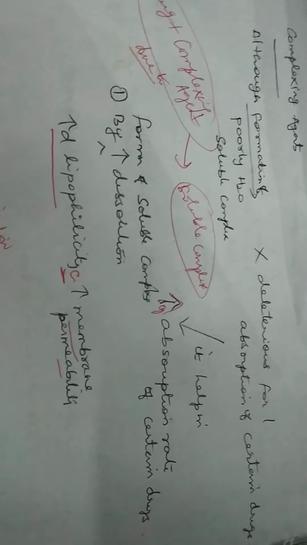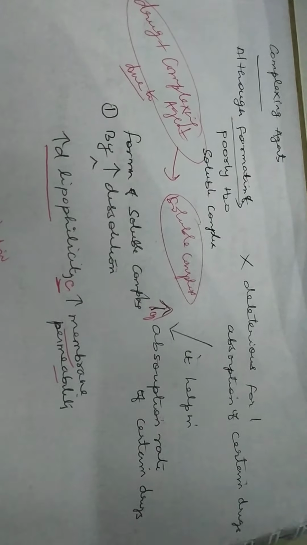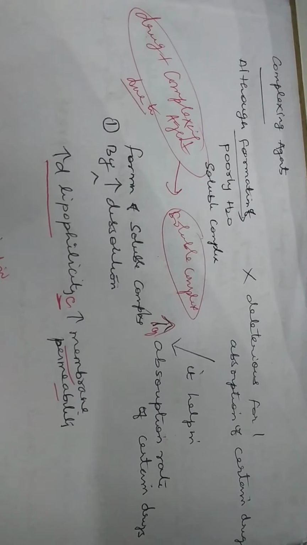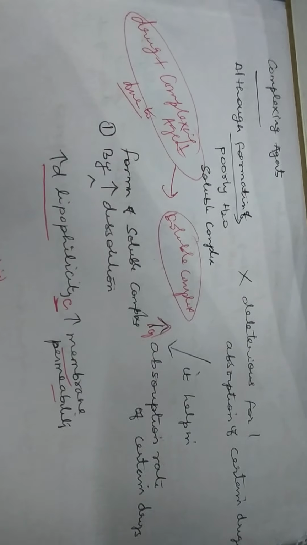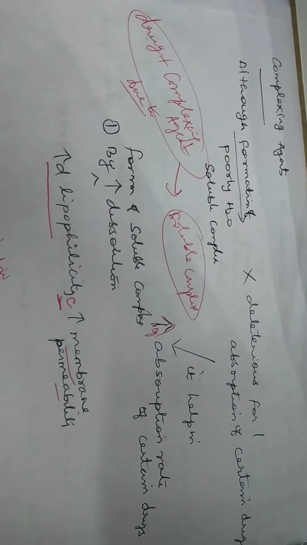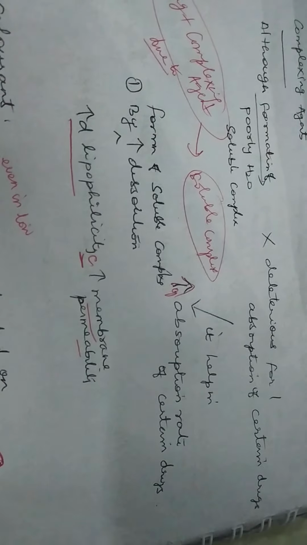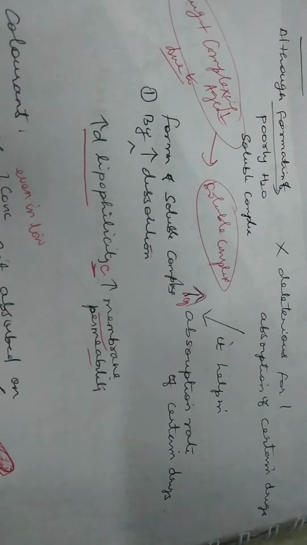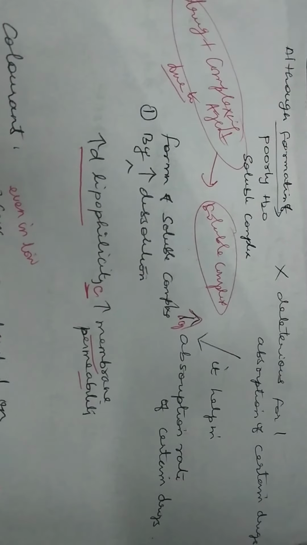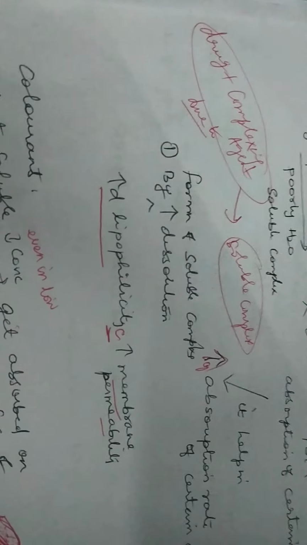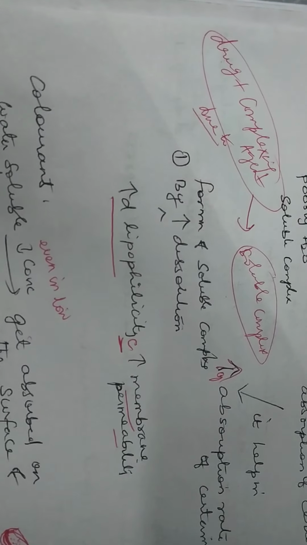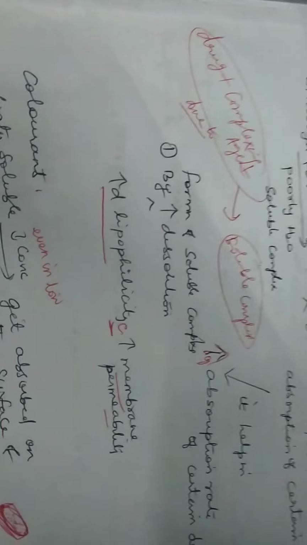Usually lipid soluble drugs easily pass through the epithelial membrane. So the formation of a water soluble complex helps in the absorption rate, and it increases the lipid solubility, so the penetration rate will increase, or it forms a soluble complex and that will increase the dissolution rate.